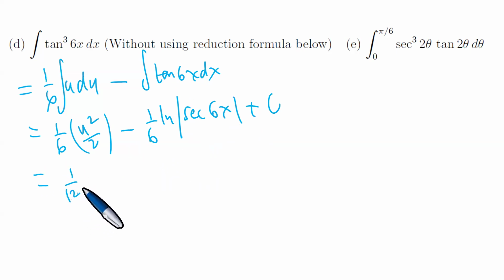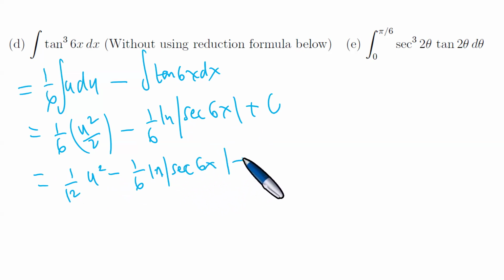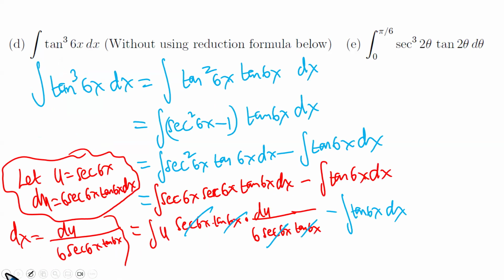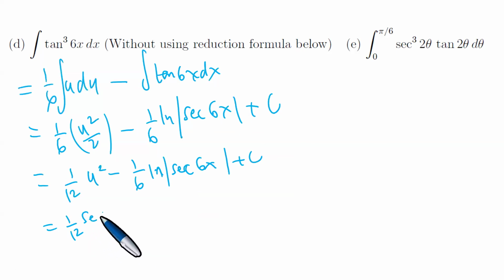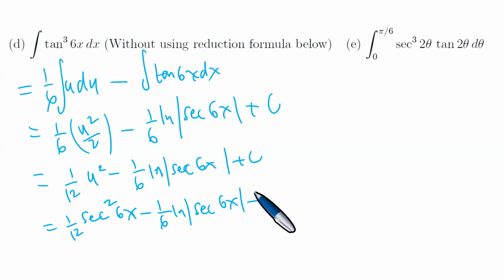This one becomes 1/12 u squared minus 1/6 ln of the secant of 6x. So now the u is the secant of 6x.